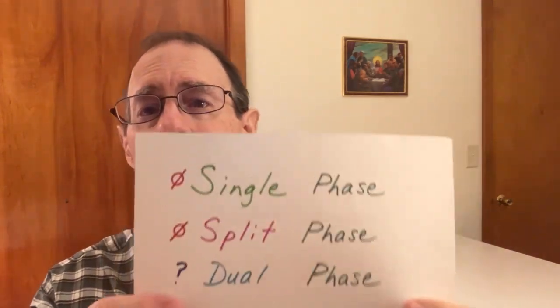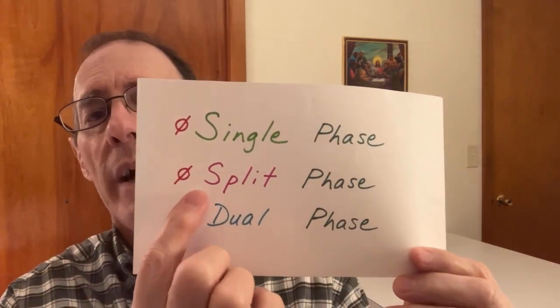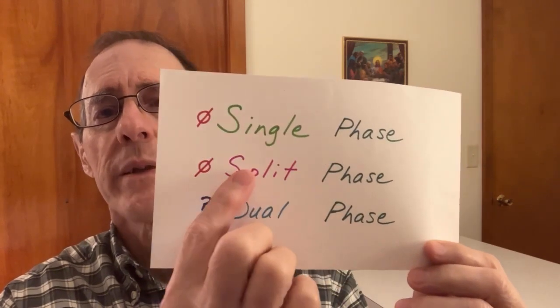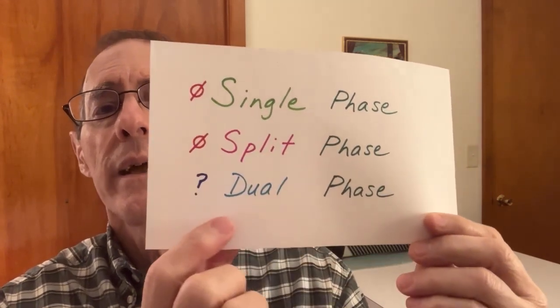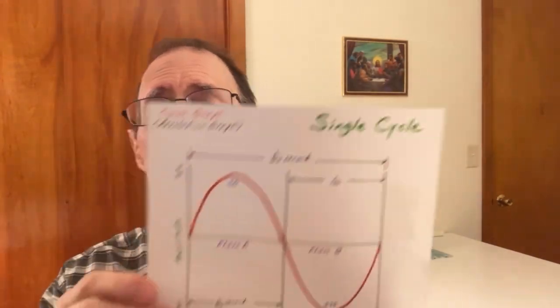Most people call it single phase, but I want to try to put an end to that. Because why? It's not single phase. It's not split phase. Nothing is split. You could say dual phase. Yeah, there are two phases.